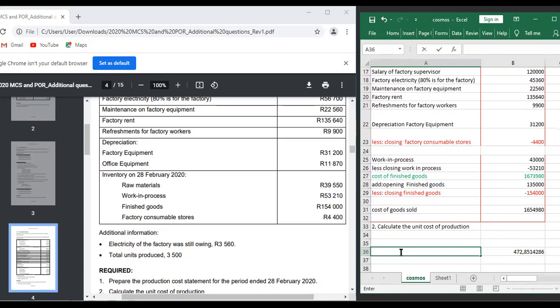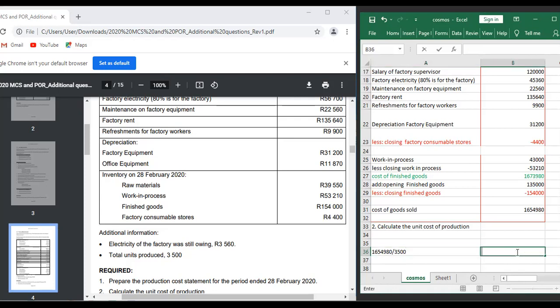Remember, of this 654,980, this is the total. It's the cost for all goods. Now we need to know per unit how much we spent, and it was only for 3,500 units.